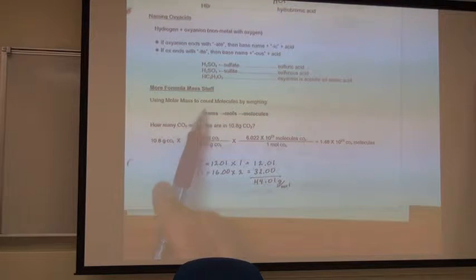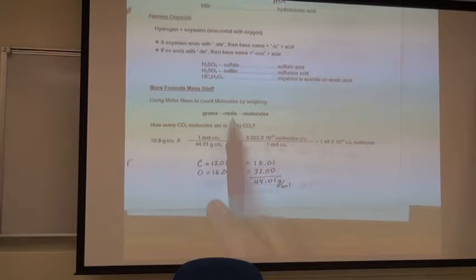Okay, using molar mass to count molecules by weighing it. So you go from grams to moles to molecules. Now, 2 weeks ago, it seems like an awful long time ago, I asked you guys, imagine you're weighing your sample and you feel a tear coming on, and so you weigh that tear and you want to know how many water molecules are in that tear.